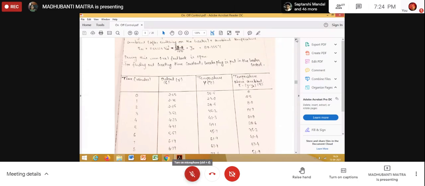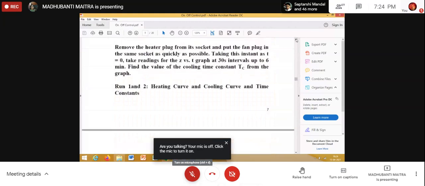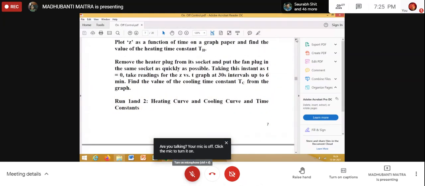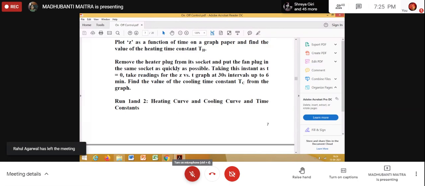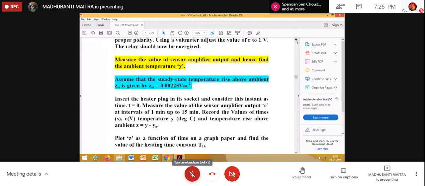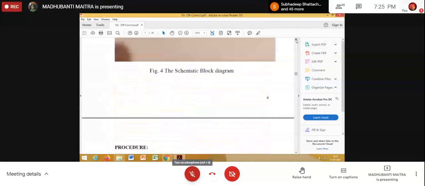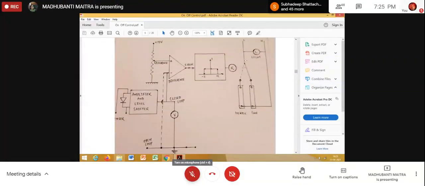Next, let's see, after 15 minutes, what we'll have to do? We'll remove the heater plug from its socket and we'll put the fan plug in the same socket. In the same socket. Remember, the relay is energized, right? So the circuit is made only if this normally open contact is closed.